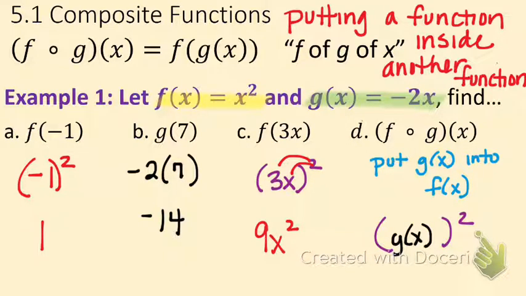So the something that I'm going to square is -2x. Go ahead and take -2x and square it. And what is -2x squared?